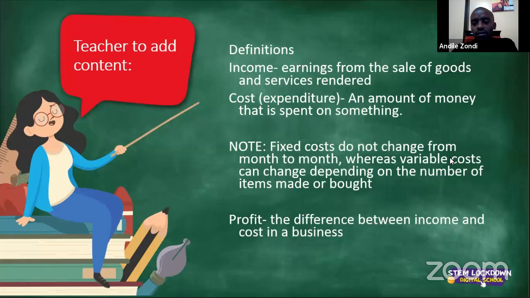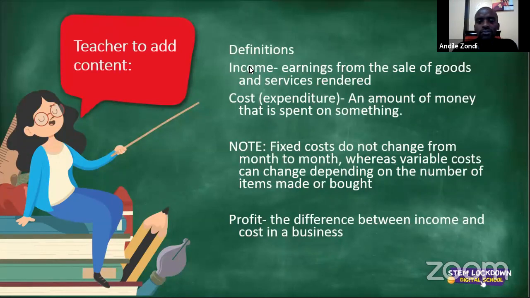Variable costs are costs that can change from month to month. Variable cost depends on the number of items that you sell. If you make more items, you'll be spending more money. If you make fewer items, you'll be spending less money.